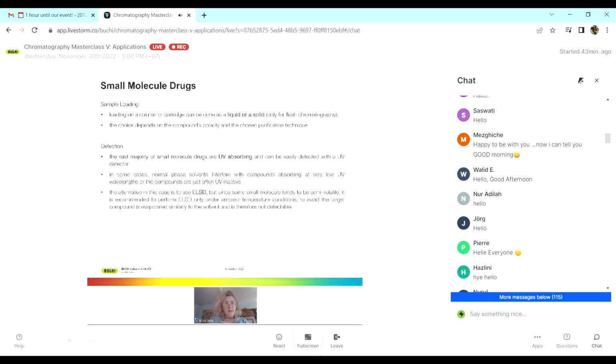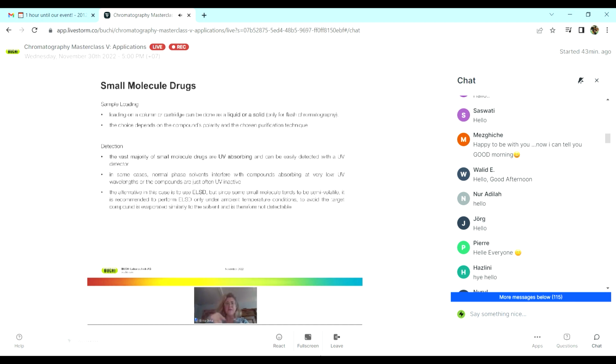Okay, sample loading. You can load these small molecule drugs either liquid or solid for flash, and it depends on your compound's polarity and the chosen purification technique how you load it, but in principle both are possible. Regarding the detection, most of these small molecule drugs are UV absorbing.